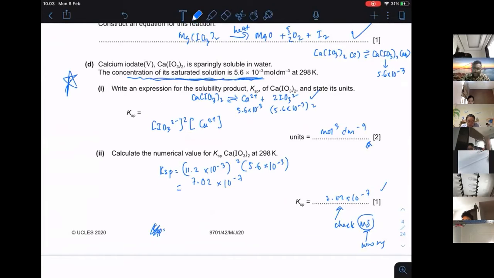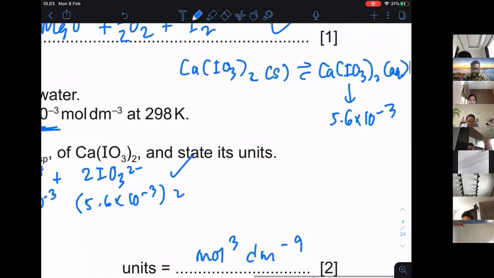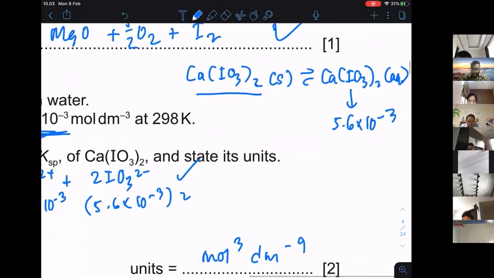How do we know? I think the best way to look at it is by looking at this. If you have calcium, the same compound in solid, if they change into aqueous, the concentration of this aqueous alone is going to be this, 5.6 times 10 negative 3.